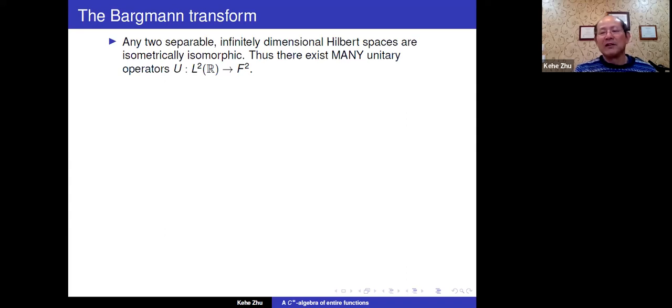So the operator theory will become sometimes easier or different or seemingly different. So this is a very classical example, where you have two such different Hilbert spaces, and then theoretically you can look at the operator theories on the two spaces by using a certain unitary operator from one space to another.